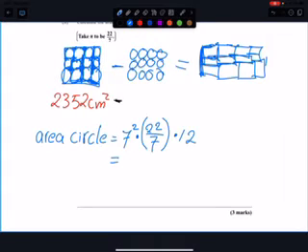And if done correctly, I forgot my paper in the office. Your answer is 1,842 square centimeters, which comes here.